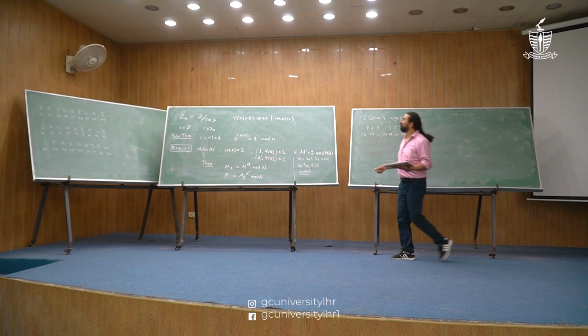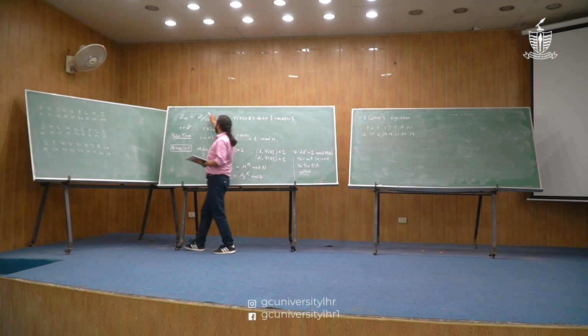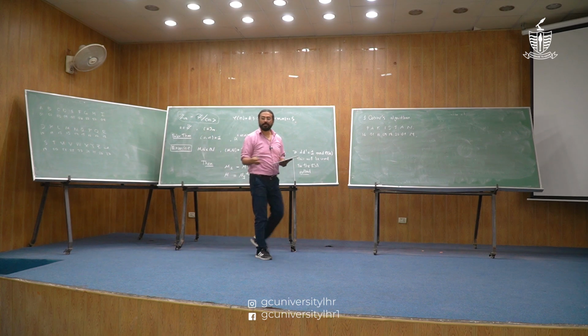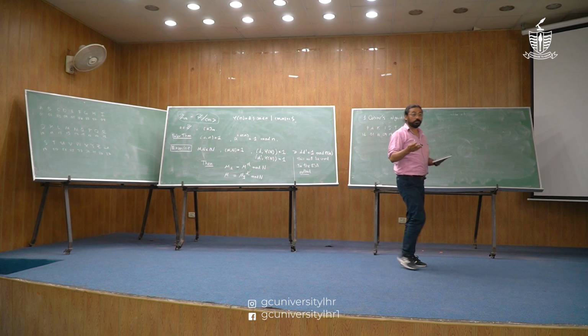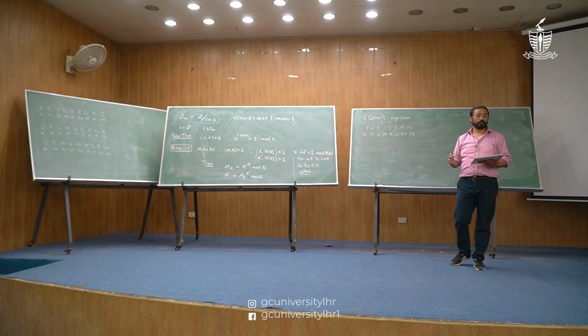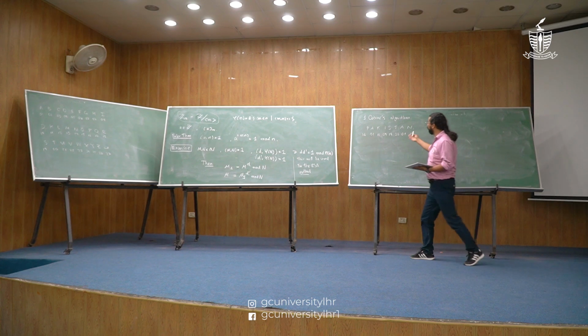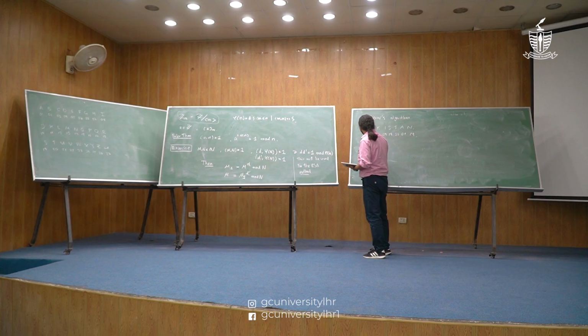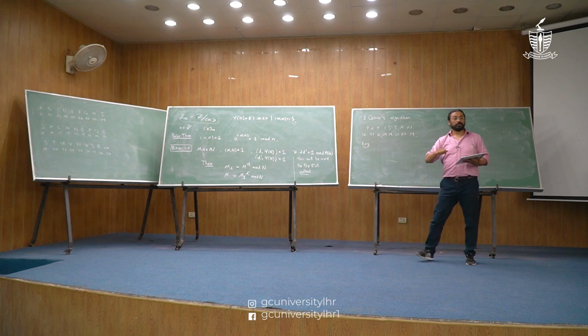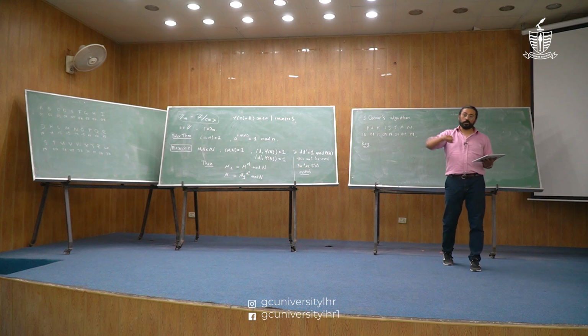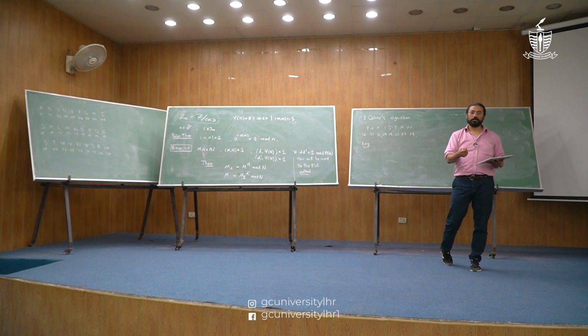We can use modular arithmetic to do cryptography and put a key. Just use a key to encrypt this. The key will be something that helps us to lock and to unlock the message.